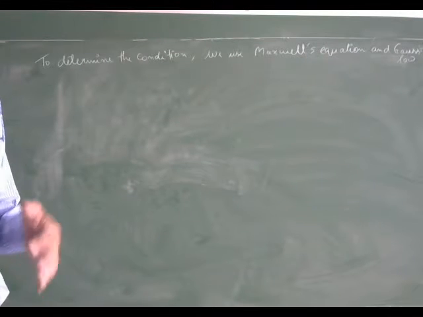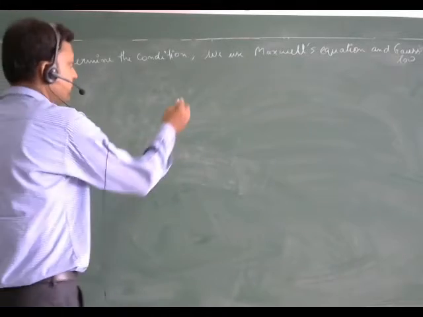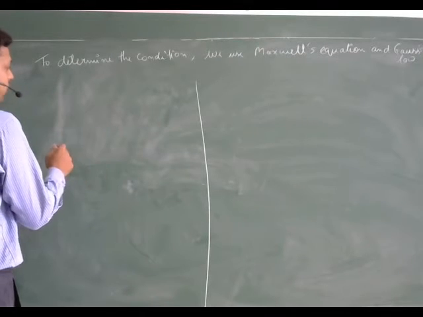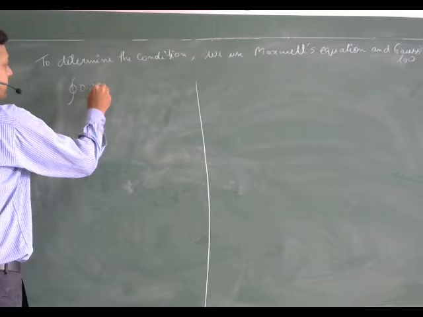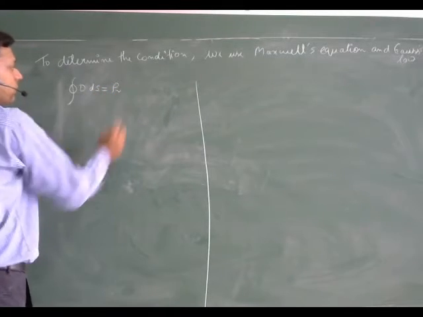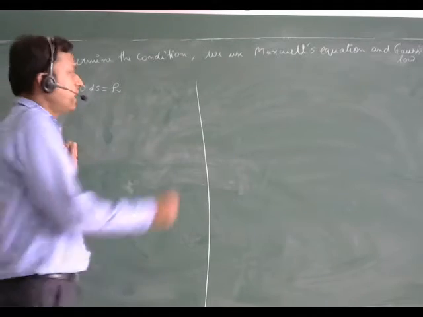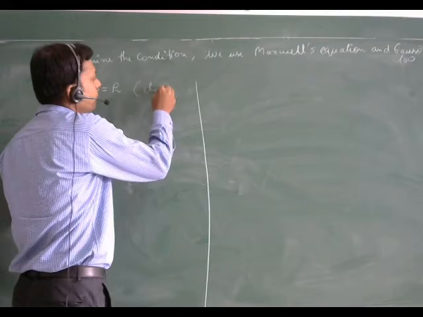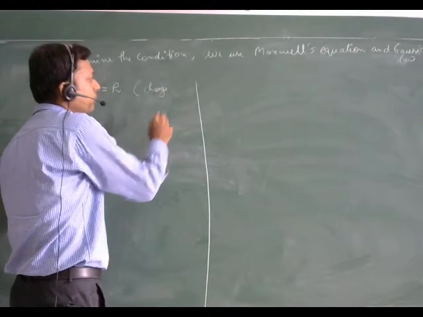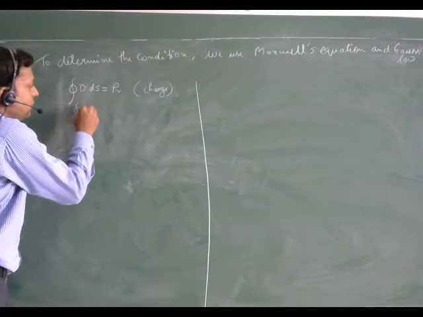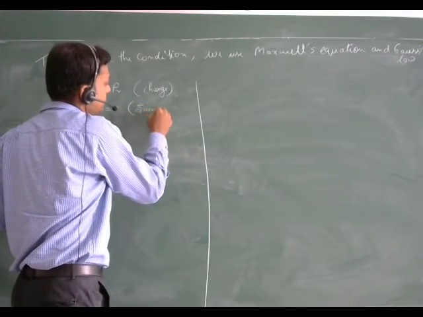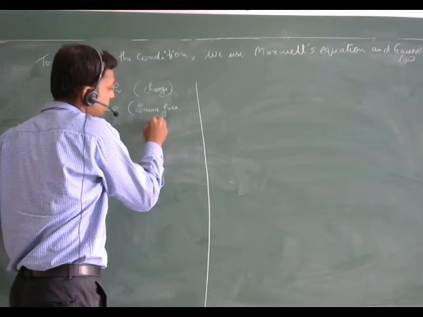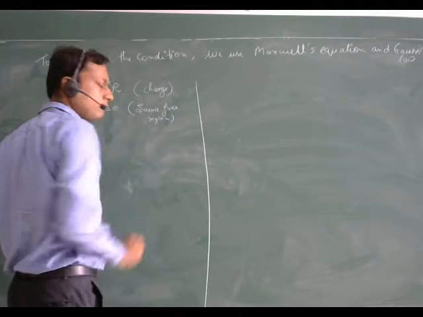So what are the two equations and how do we evaluate this? Taking these two cases, first, when we have to evaluate the normal component, we take Gauss law, that is, the closed integral of D dot dS is equal to rho v if the region contains charge, or D dot dS is equal to 0 for a source-free region.